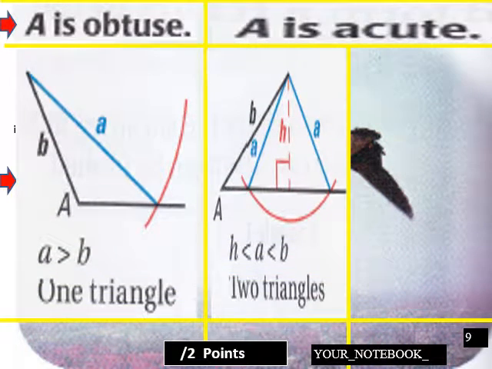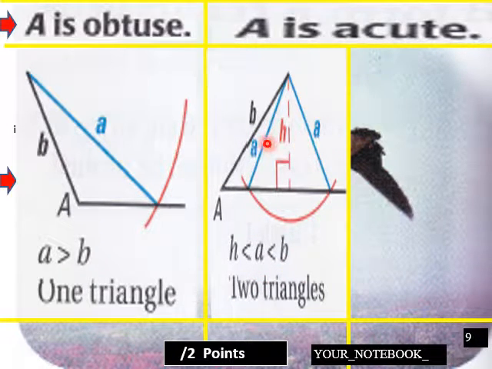A is obtuse and A is acute. So when a is greater than b, you get one triangle. When h is less than a, and a is less than b, you get two triangles here.